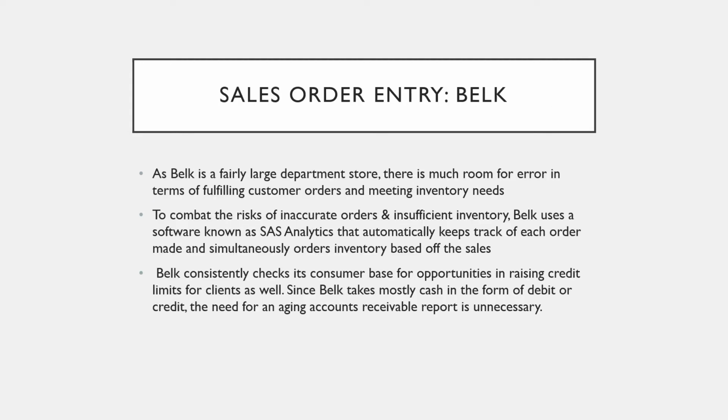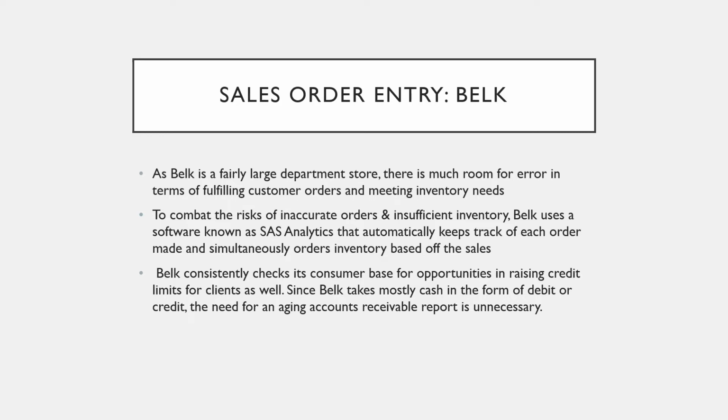To use a couple of examples, we'll use Belk and Dillard's. Belk is a fairly large retail department store, and with it being as large as it is, there's much room for error in terms of fulfilling customer orders and meeting inventory needs, and also making sure that customers are well taken care of and that they're contacting those customers.